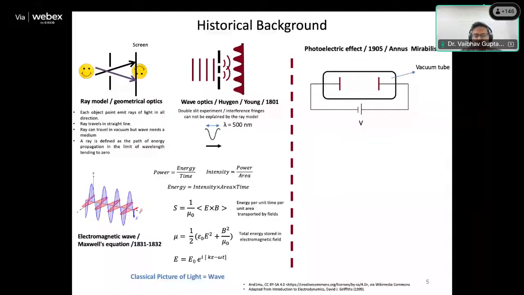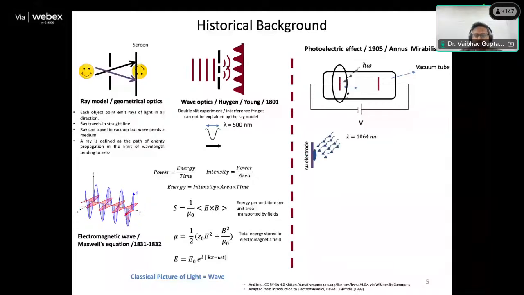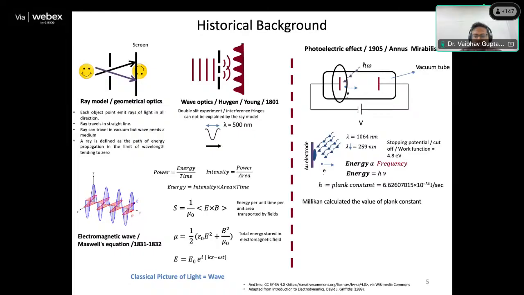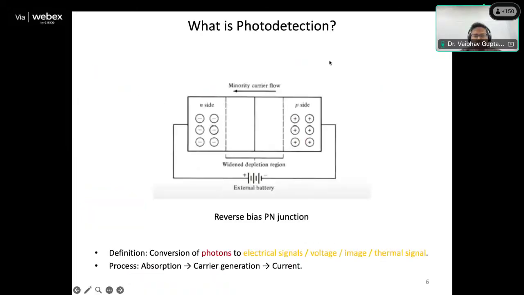So there is a duality, wave particle duality. And we finally established the formula E equals h nu. And from this, we now understand that there is a term called photon, and this shows that light is a particle. And then we started with the basic process of photo detection.